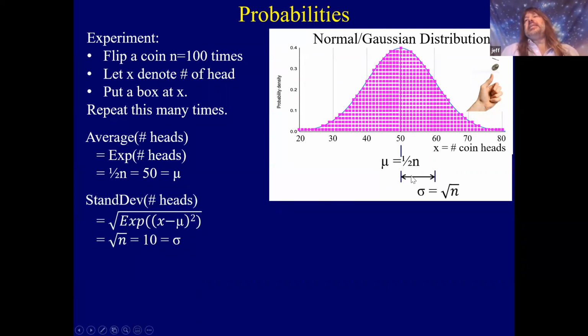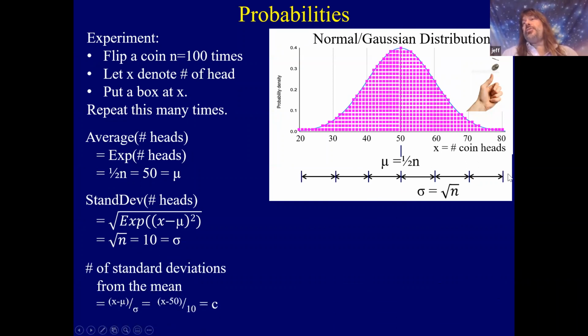And then standard deviation is a measure about the variance, or how much you deviate from that mean. And we'll talk about that number a little bit more. But right now, all you have to say is, well, we flipped the coin n = 100 times, and the standard deviation turns out to be the square root of n, which is 10. And so you can see here, I have a distance of 10 from 50 to 60.